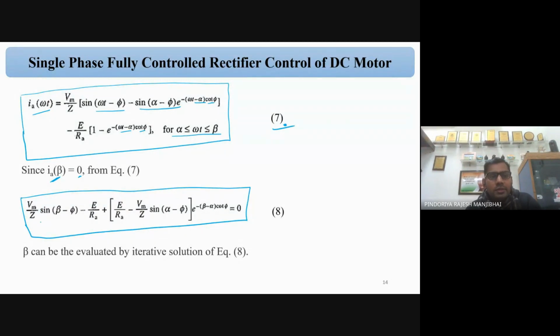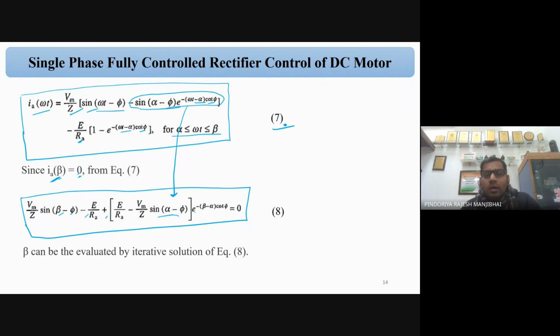Because we have to consider IA at beta equal to 0, so beta minus phi, minus E upon RA. So there is a minus E upon RA plus E upon RA minus Vm by Z sine alpha minus phi into, so we have to consider this term now. This term here.